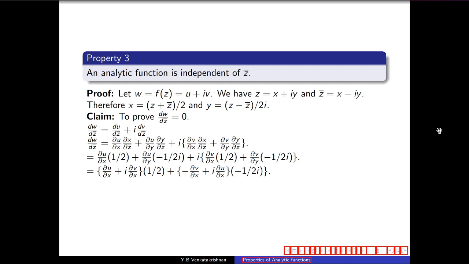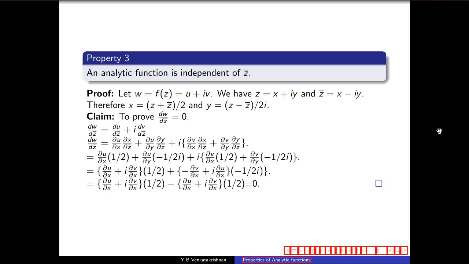When I group the terms containing 1 by 2 and 1 by 2i, and using the property of an analytic function, namely that an analytic function should satisfy the CR equations, I can replace minus dou V by dou X and dou U by dou X accordingly, and when I simplify it, that gives you the answer 0.